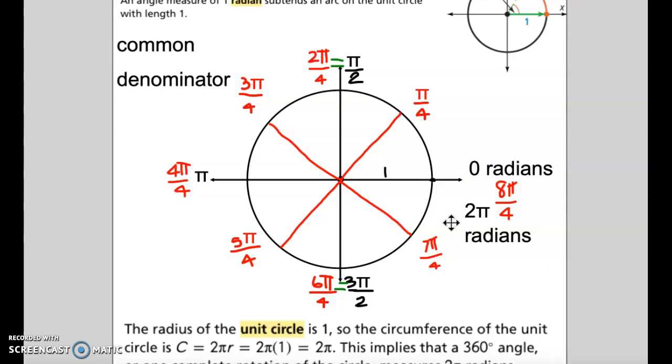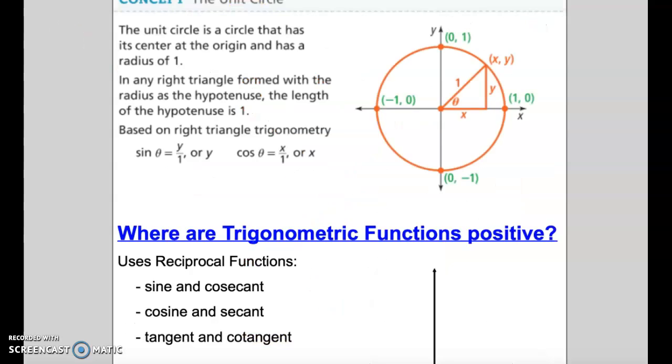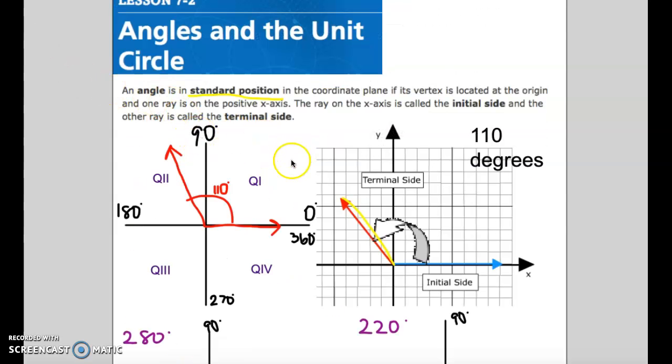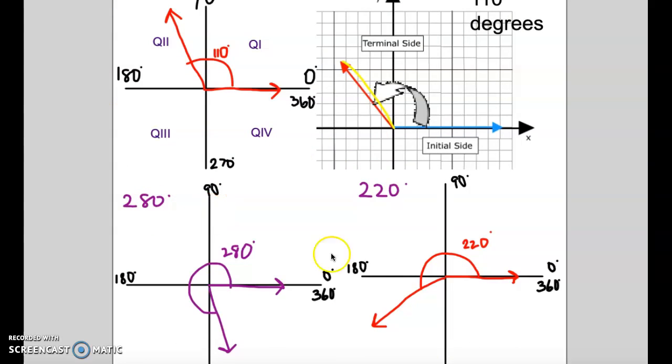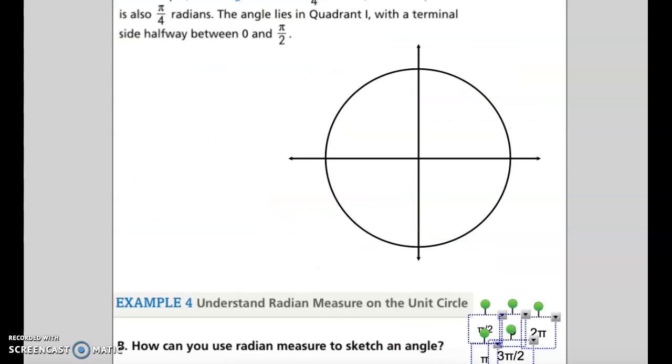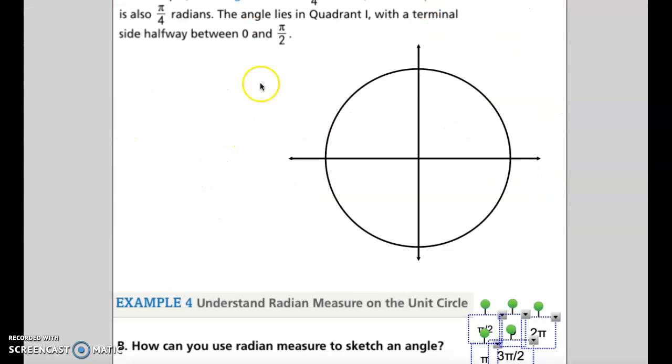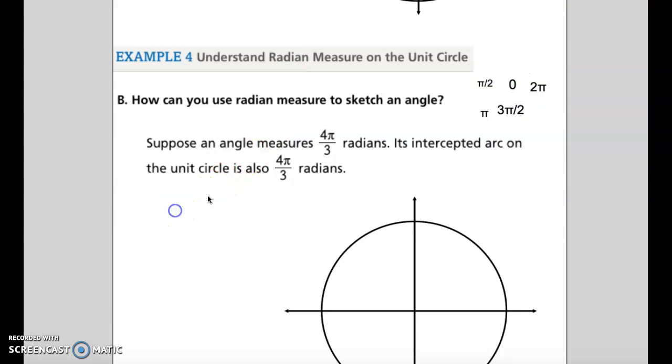Before, in the last lesson, we were drawing regular angles: draw me 280 degrees, draw me 220 degrees. Now, I want to be able to draw an angle of 4 pi over 3 radians.